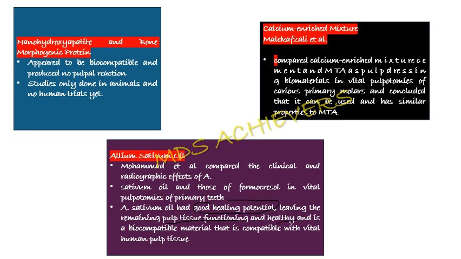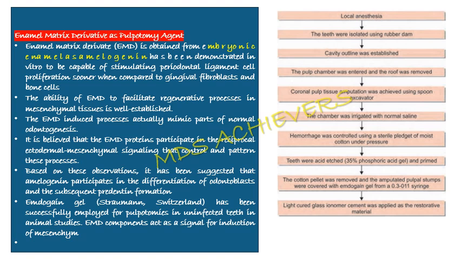Allium sativum, I guess it is an oil obtained from an onion. Let me find. Allium sativum means garlic. So garlic oil was extracted, and from it they have done this research.